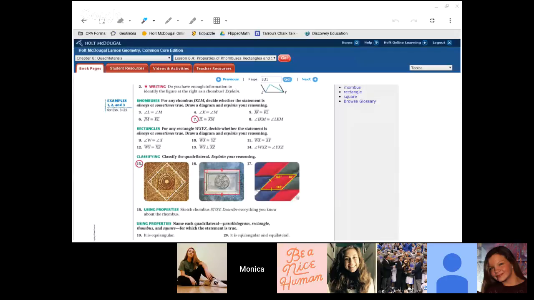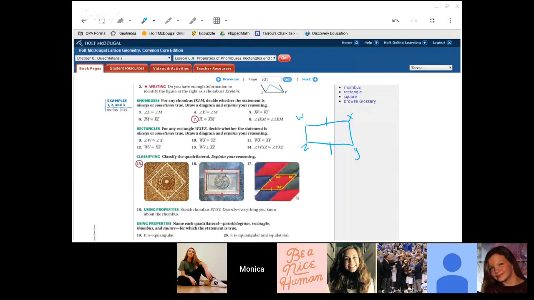Okay, so in the bookwork for number 10, we're dealing with a rectangle here, okay? So we're going to draw a picture of a rectangle. And we're going to call it WXYZ. Now, number 10 tells us that WX is congruent to YZ.